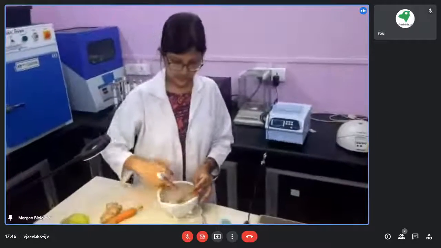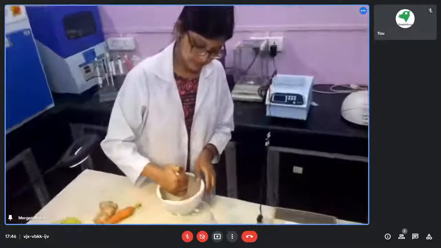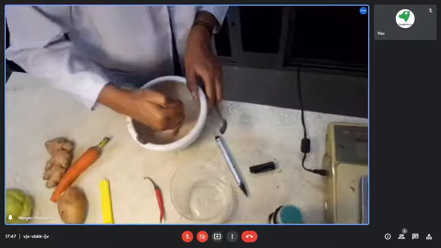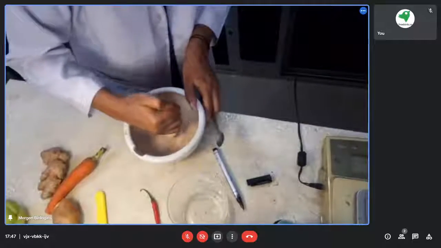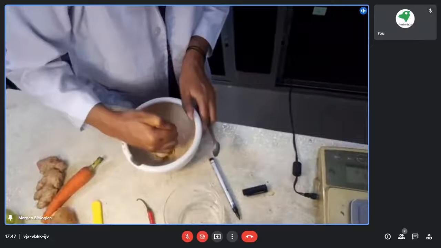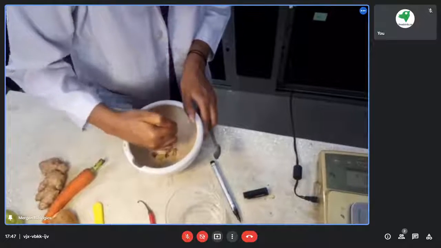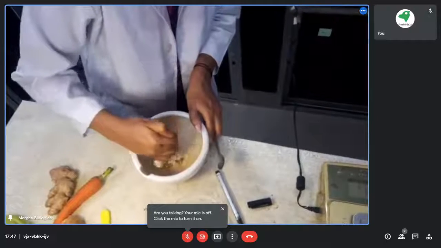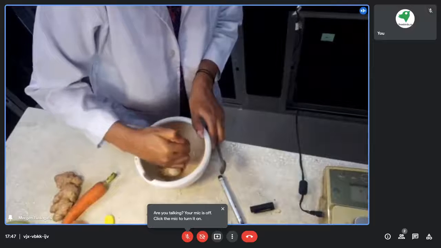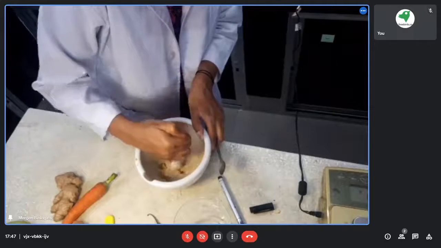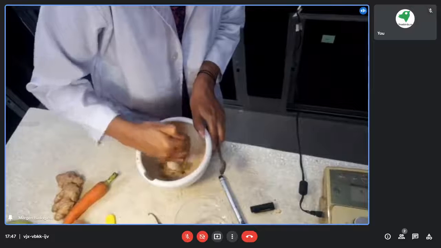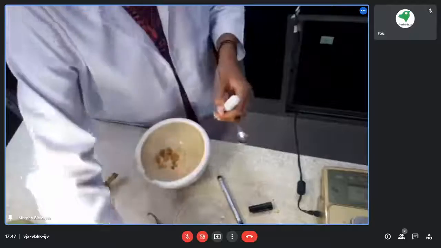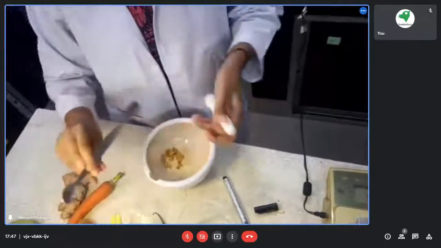Now my fourth sample is a piece of ginger. And they are transferred to beaker number 4.